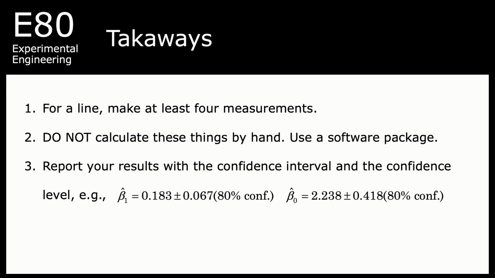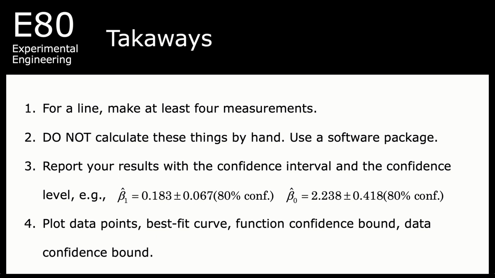For example, beta 0 is 2.238 plus or minus 0.418, and beta 1 is 0.183 plus or minus 0.067, both at an 80% confidence level. 4. Plot your data with the best fit curve and the mean confidence bound, and possibly the data confidence bound, depending on what you want to convey.